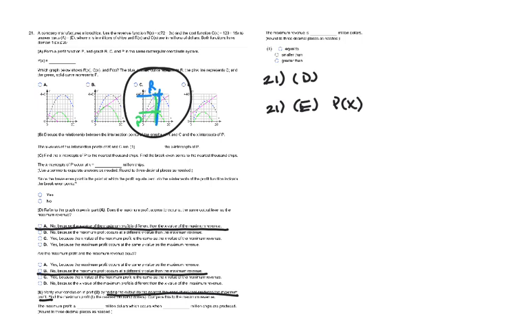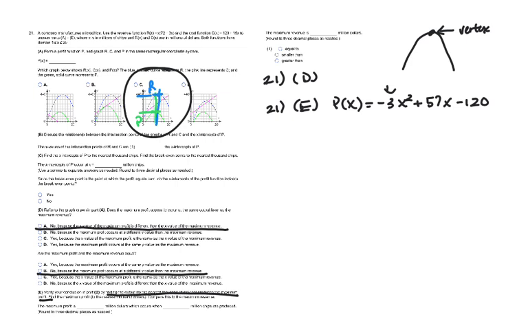Our profit function was negative 3x squared plus 57x minus 120. When we talk about the maximum, we know a is negative, so the parabola opens downward. To find my maximum value, I'm basically finding my vertex.